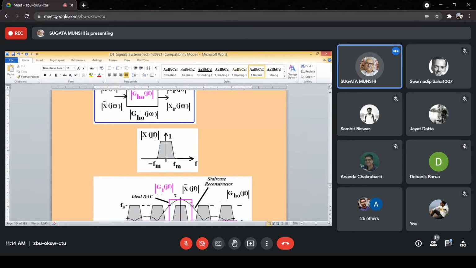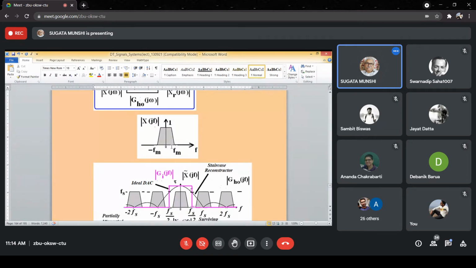Suppose the amplitude spectrum of the analog input is magnitude of X(jf). It's a band limited signal with the bandwidth fm. Say it's uniformly sampled, satisfying the sampling theorem: Fs is greater than twice fm.